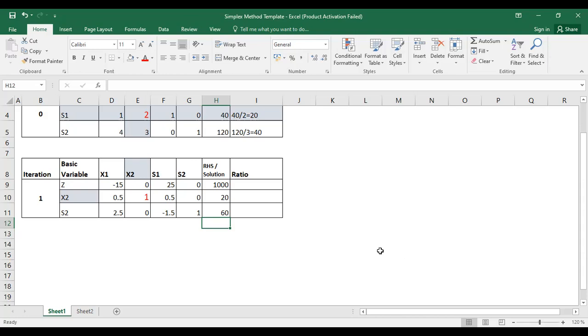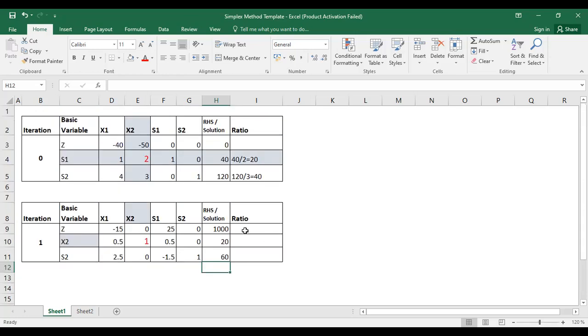Question. Yes, I'm listening. Please, why is it that with iteration 1, we left the ratio column empty? We are now coming there.